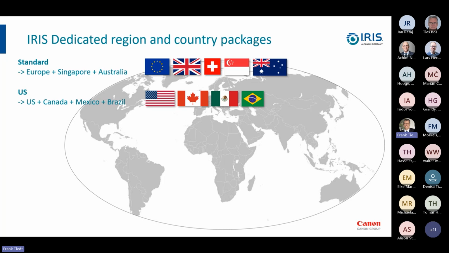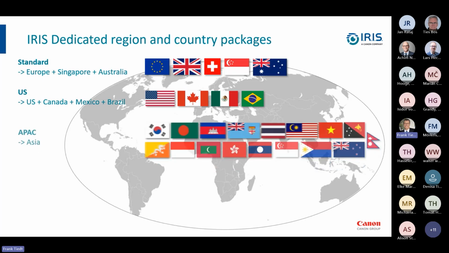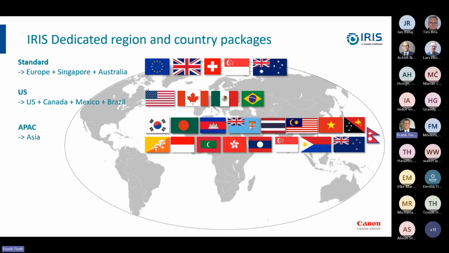And with the US package, we process invoice data from Canada, Mexico, and Brazil on top of the American invoices. For Asia, we have developed a package that takes into account the different OCR character sets in particular.